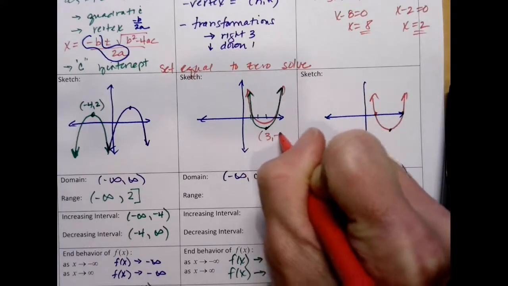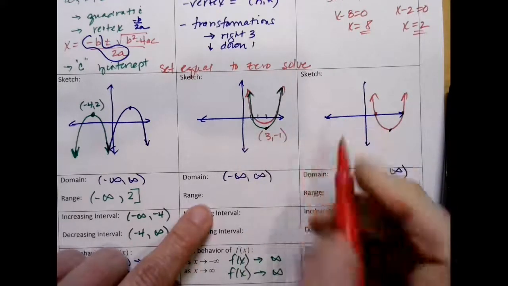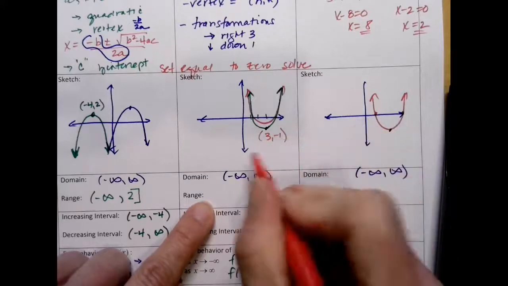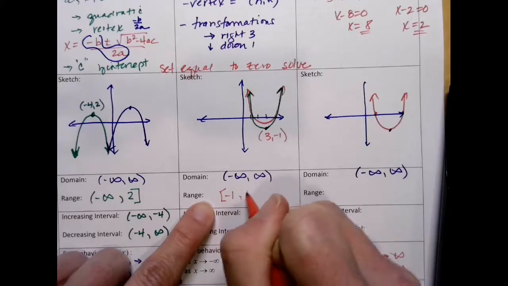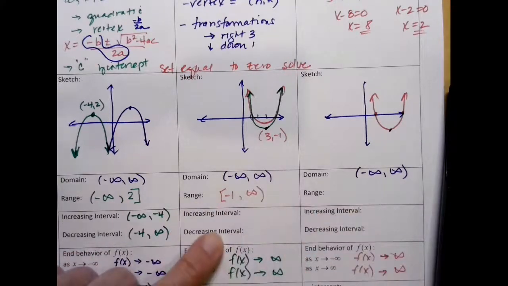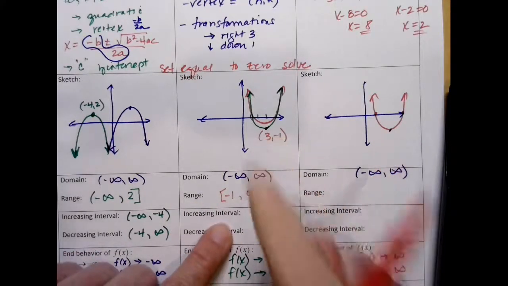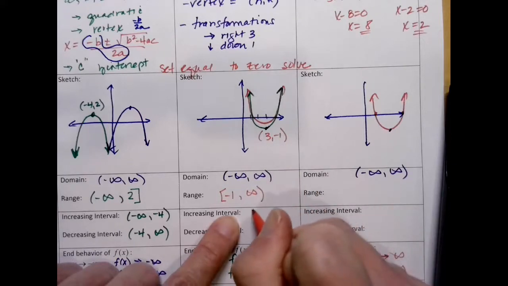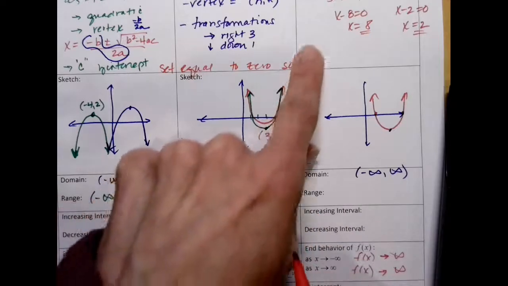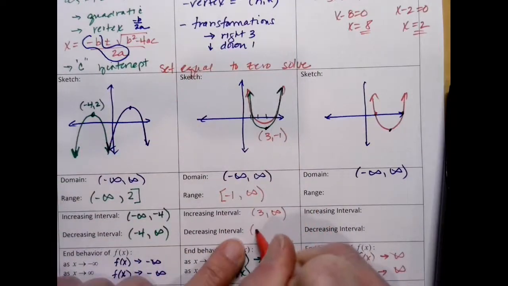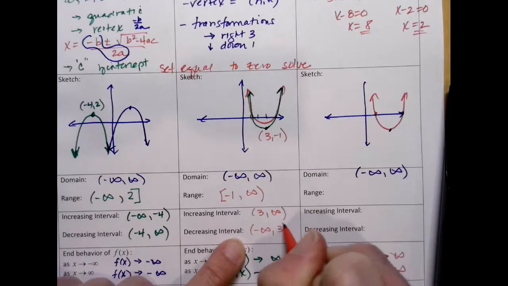Over 3 down 1, which means our range, our output values, are going to be everything from negative 1 up to infinity. My increasing interval is going to be from 3 to infinity as my graph goes up, and my decreasing interval, negative infinity up to 3.